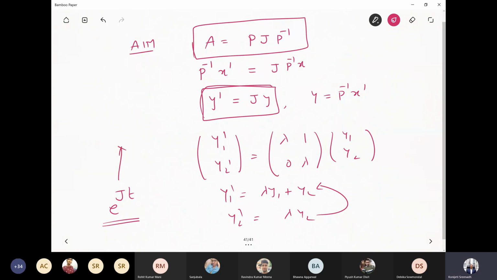You have a method here: if Y solves this equation, then X solves this one, X prime equals A X. So that's the whole idea.